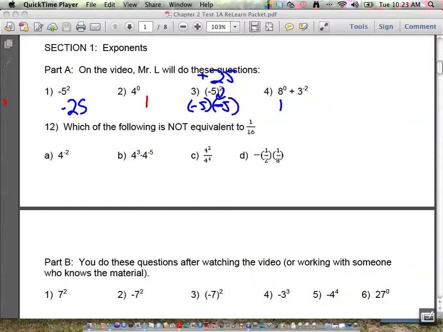So this negative exponent here means 1 over 3 to the 2. It definitely doesn't mean any negative sign anywhere. Does anybody see a negative sign here? No. So what is 3 squared? 9. So I get 1 plus 1/9, which is 1 1/9.